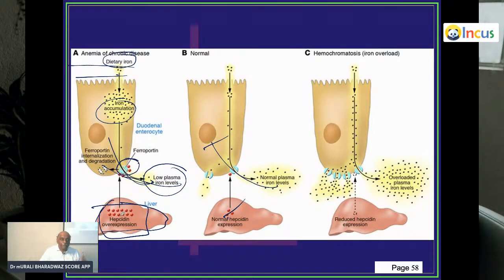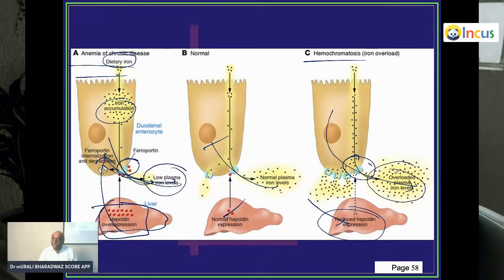Typically, hepcidin overexpression will be there, and it will go and prevent the iron absorption through the ferroportin. Whereas in hemosiderosis, hemochromatosis, the hepcidin expression is suppressed in the liver. Nobody stops the ferroportin from absorbing iron, and that leads to a lot of iron absorption.